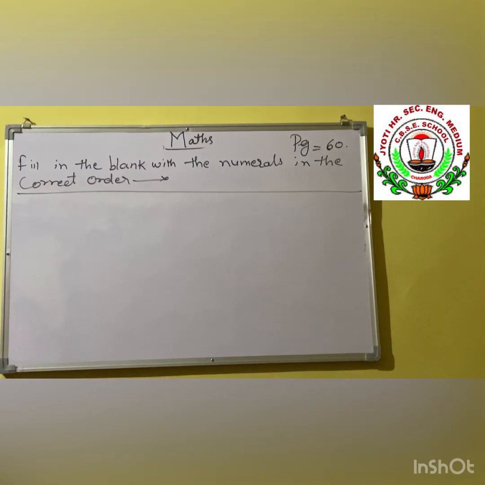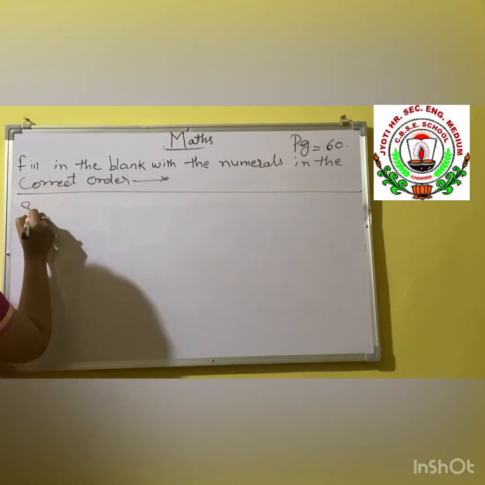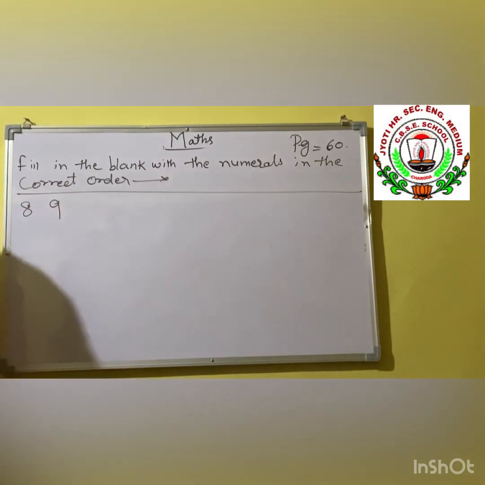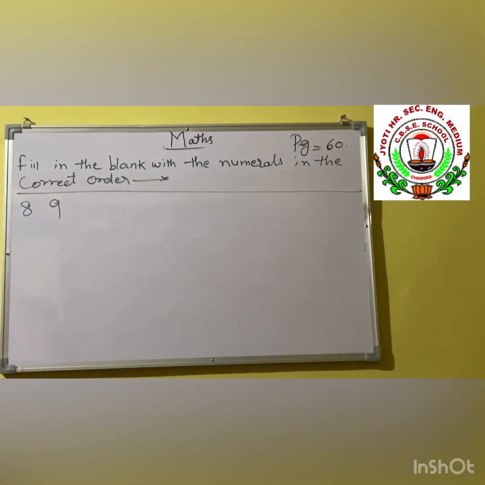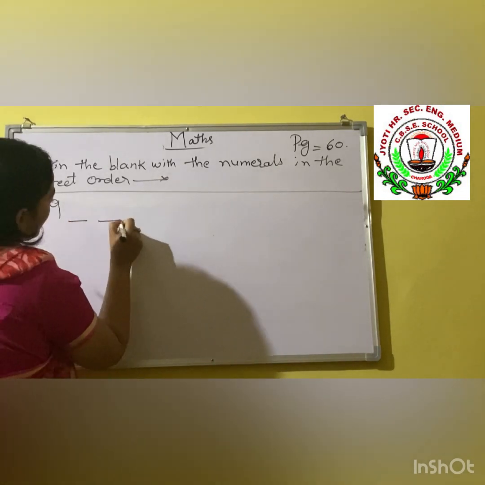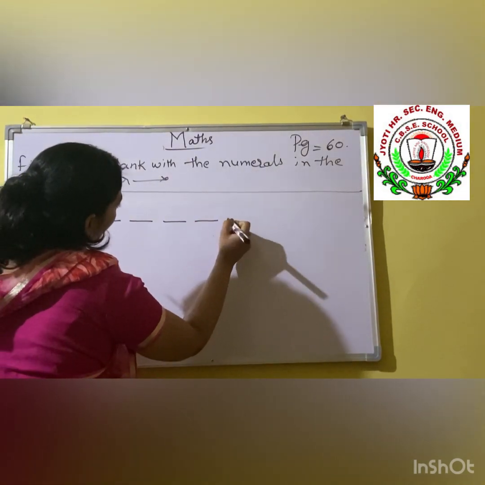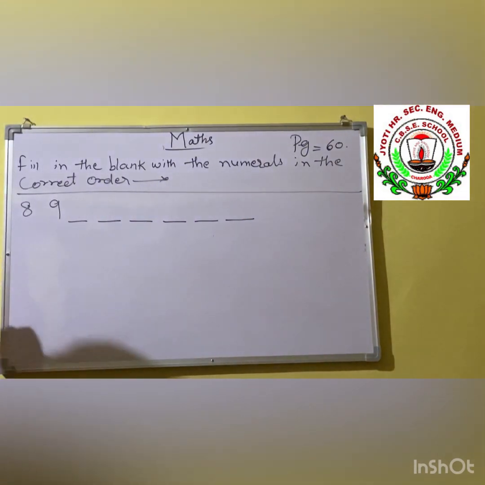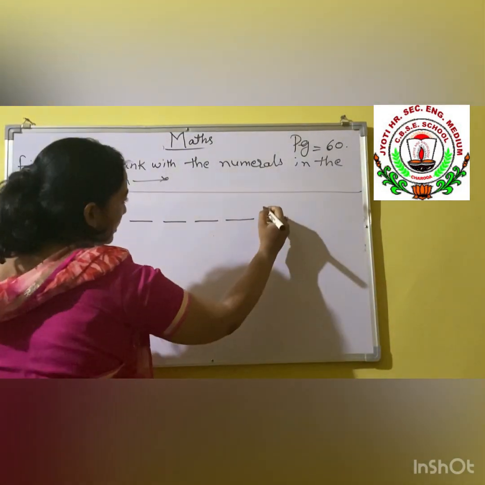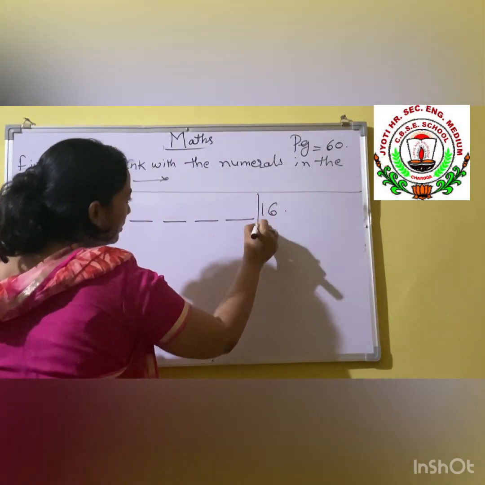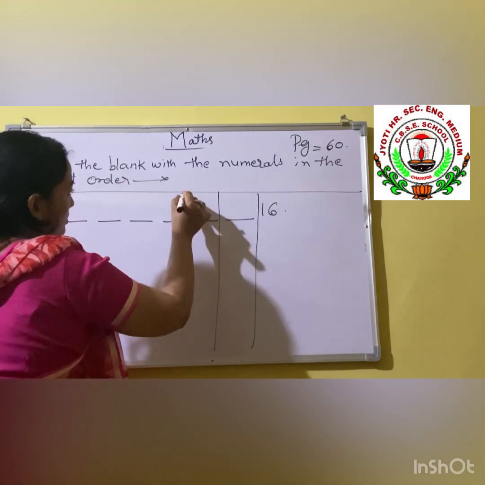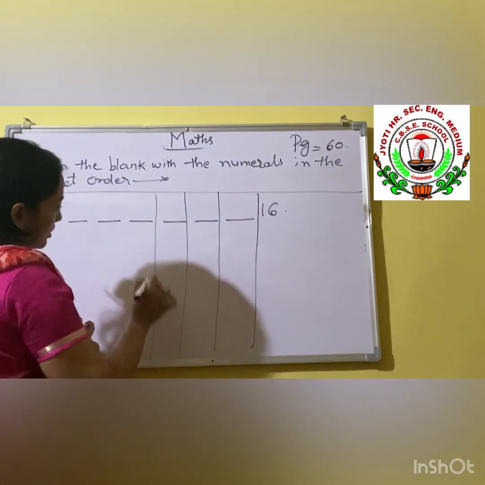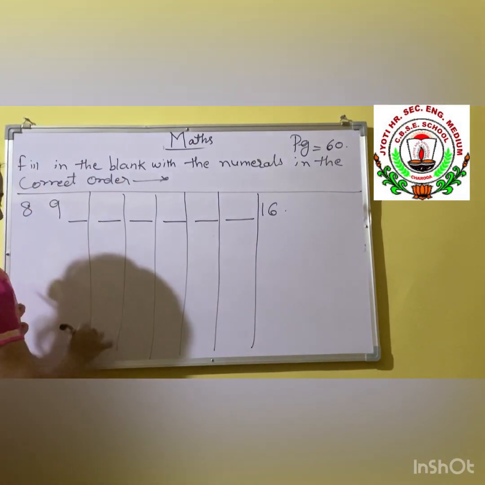So now the first one is 8, 9, then 6, and in the last 16 is written over here like this in page number 60. You all can see that.